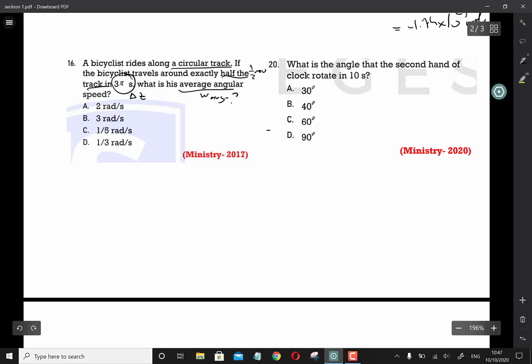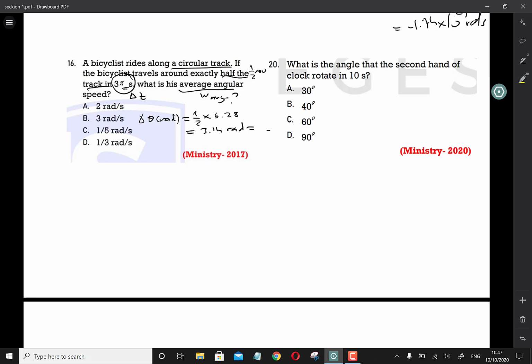So 1/2 revolution must initially be converted to radian. So angular displacement in radian is equal to 1/2 revolution multiplied by 6.28 per revolution, which is going to be 3.14 radian.